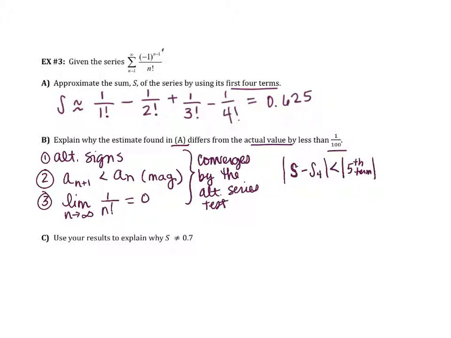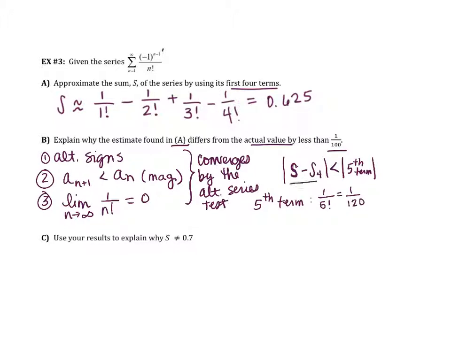All right, so how in the world are we going to show that? Well, we need to talk about what the actual 5th term is. For that 5th term, we're going to plug in a 5, and that's going to give us 1 over 5 factorial. So our fifth term is going to be 1 over 5 factorial, which is 1 over 120.